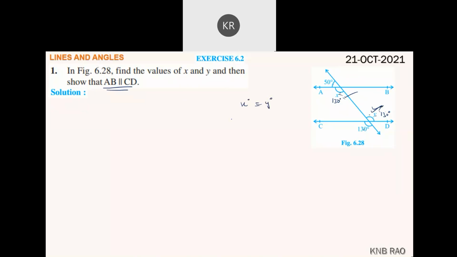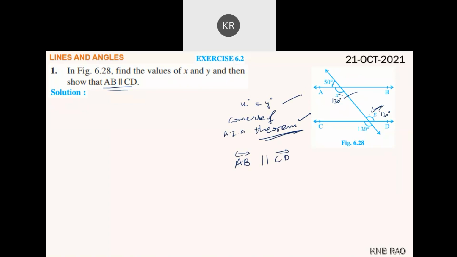Use the converse of the alternate interior angle theorem. Therefore, the lines are parallel. AB parallel to CD. You have to prove that.